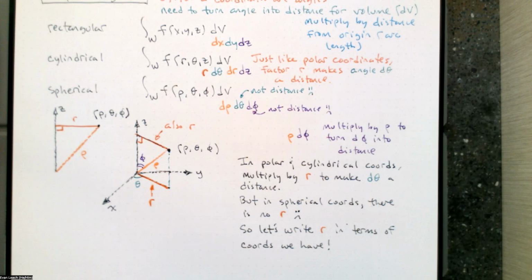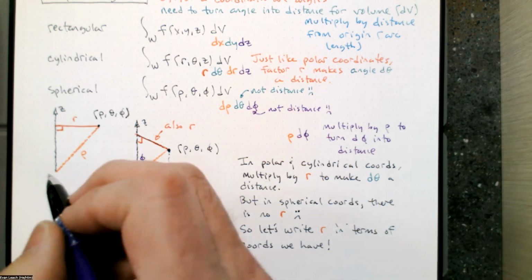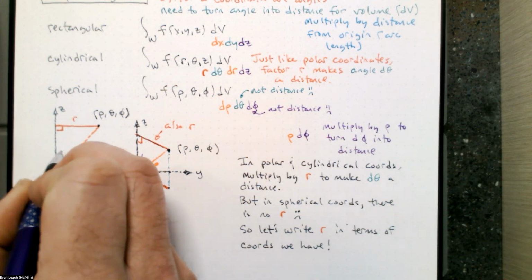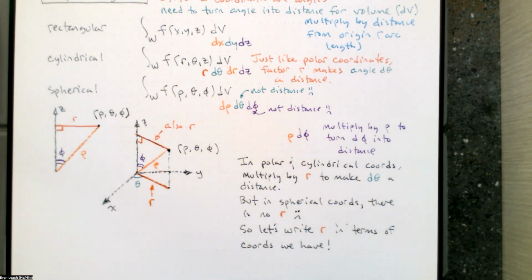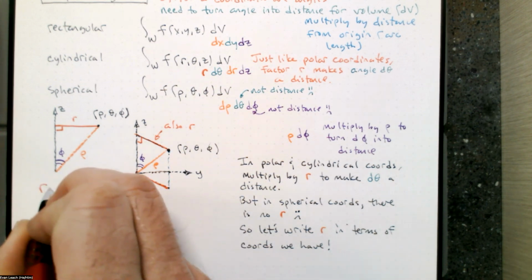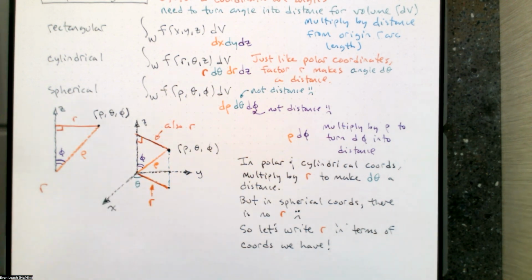The hypotenuse of that triangle is rho, and the angle phi is the angle between the hypotenuse rho and this z-axis. So we see that r is the side opposite angle phi, and the hypotenuse is rho. This is how we're going to write r in terms of rho and phi. So now r is going to be equal to rho times the sine of phi.